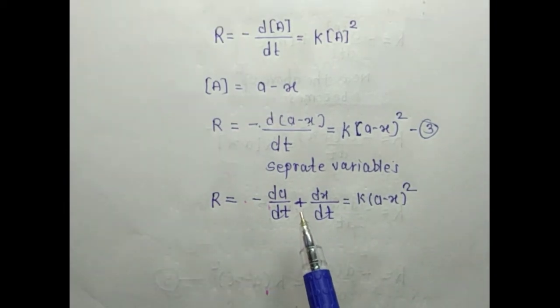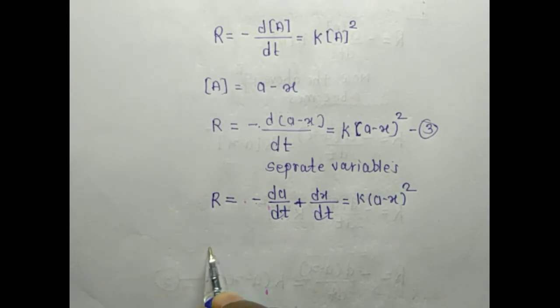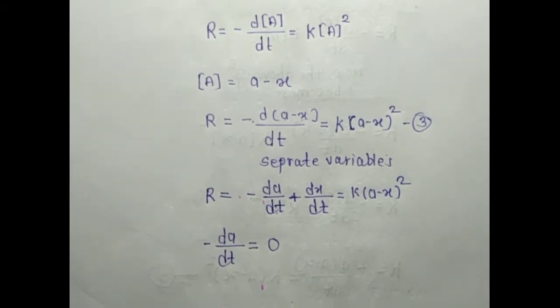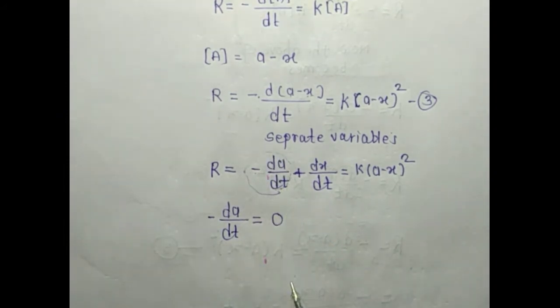Here in this equation the term minus dA upon dt is an initial concentration or initial mole term. That's why at time t equals 0 the change in initial concentration remains 0. That's why minus change in moles of A upon dt is equal to 0. This whole term is 0.